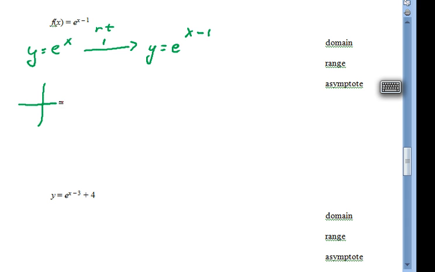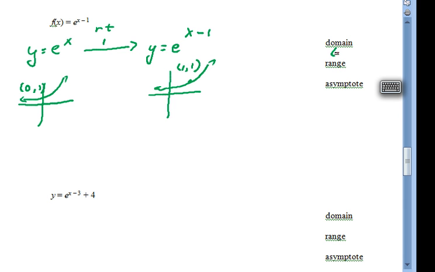We start by knowing that the y-intercept is (0, 1), and when that moves to the right 1, it will go through (1, 1).